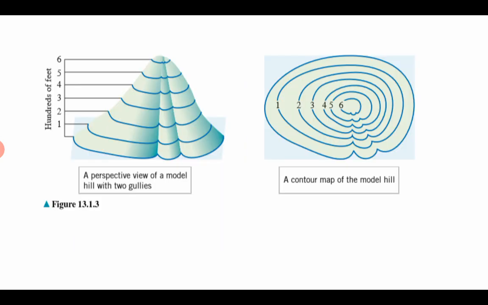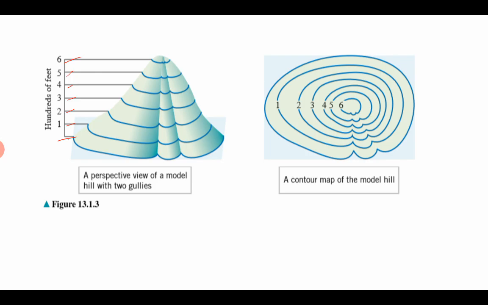The next one is yet another figure of level curves, for this mountain. For every level, k is 0, k is 1, k is 2, k is 3, k is 4, k is 5, k is 6, we intersect the plane with the given surface and get a projection on the ground.